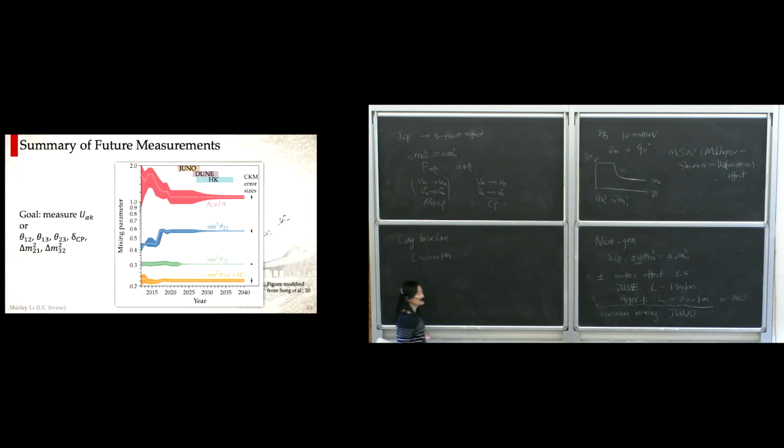We want to see things in the 32 sector. So we know the value of delta m32 squared, which sets the energy of these experiments to be sort of GeV-ish. And then in order to see CP, you need to see an appearance channel. So the process you want to measure is nu mu going to nu e, and nu mu bar going to nu e bar.